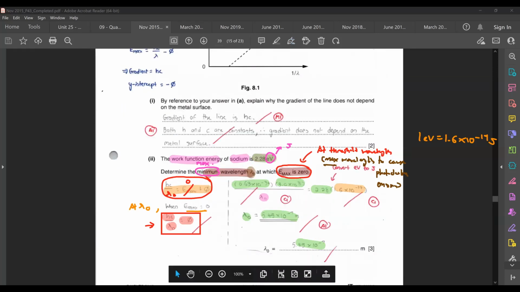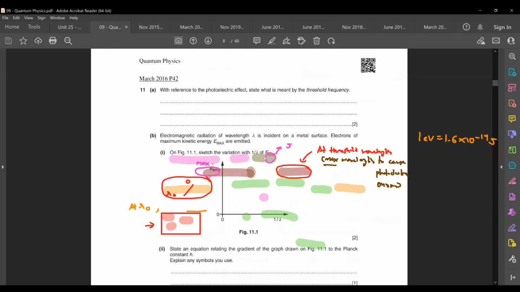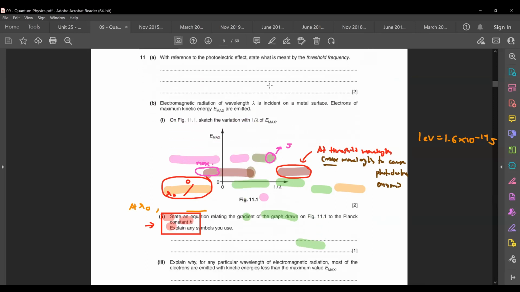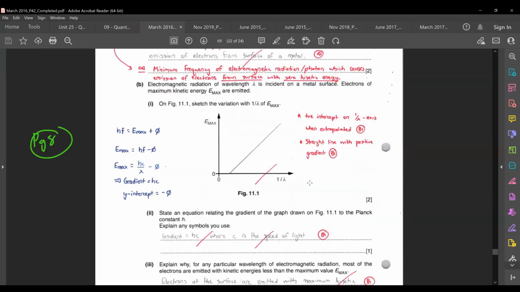Okay, so next question that you can then look at is, I believe, page 8. You can look at page 8 for your next question. This one is the next part of your question.